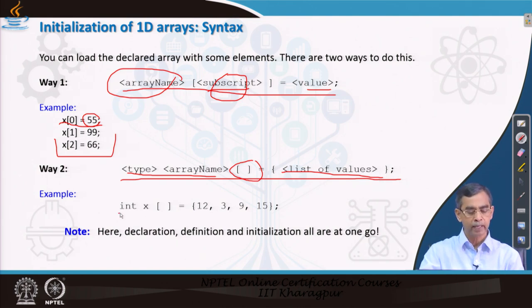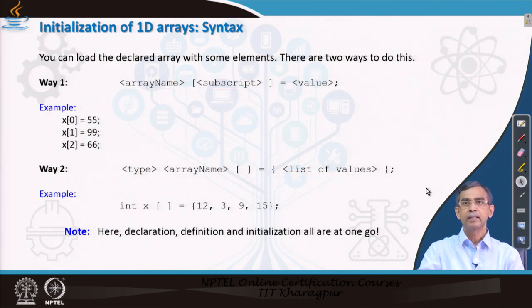As an example, x is an array of type integer and the size of the array at the time of this declaration as well as initialization together is 4. So, x is an array of size 4 and the elements in it are 12, 3, 9 and 15. This is the easiest, shortest and most direct way of declaring as well as initializing an array.